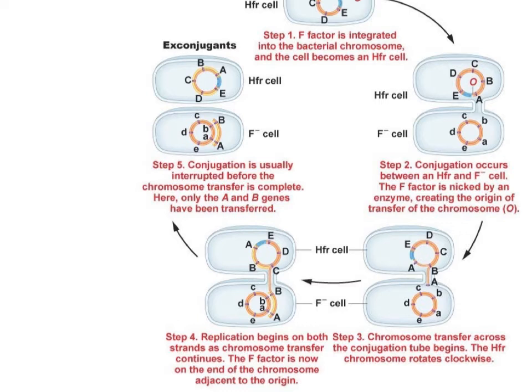But the other one, the recipient, received a portion of the bacterial chromosome that contains dominant B and A. It was made double-stranded after it was brought in. And now that cell has 2 copies of gene B, 2 copies of gene A, all right? So they are actually diploid for those 2 genes right now, which is kind of an awkward scenario, okay?